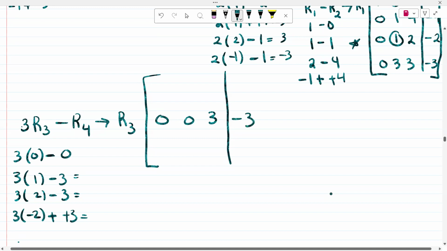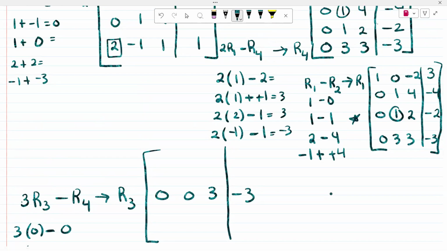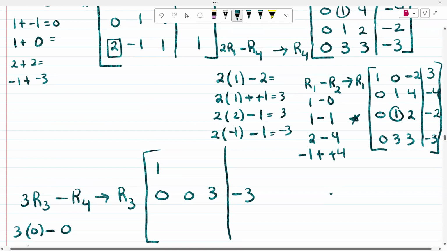Okay, and then we didn't mess with row 1, row 2, or row 4, so you have to rewrite them again using this matrix. So this would be 1, 0, -2, 3, and then this would be 0, 1, 2, -2, 0, 3, 3, -3.